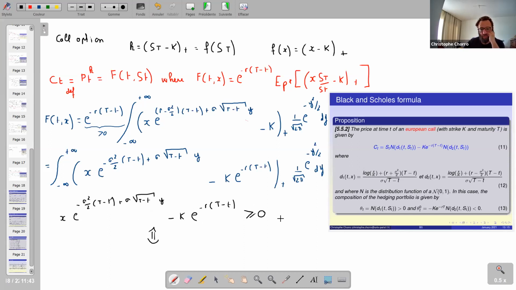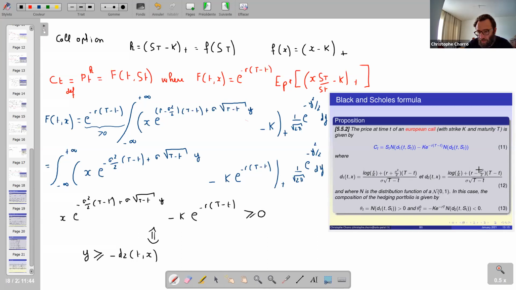You put this one here, you divide by x, you take the logarithm, and then you add this one, and you divide by sigma the square root of capital T minus T, and you obtain, using my notation here, that this is equivalent to saying that y is greater than minus d2(t,x), d2(t,x) being given by this expression here.